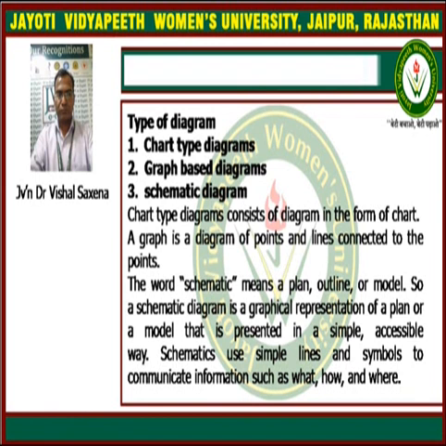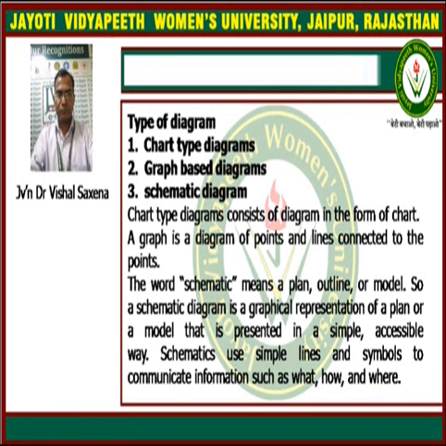Chart type diagrams consist of diagrams shown in the form of a chart, while graph based diagrams are diagrams of points and lines connected to the points.